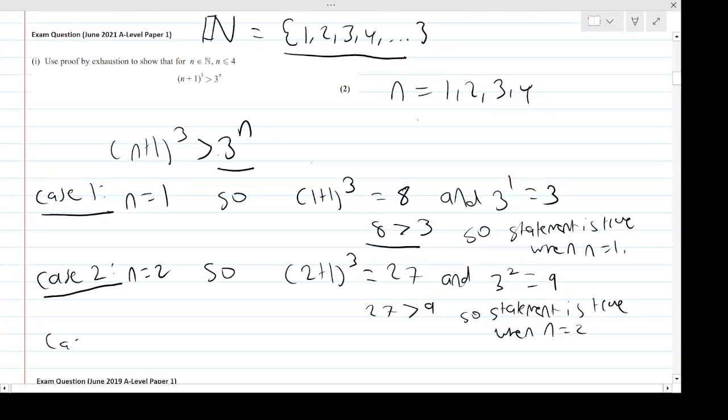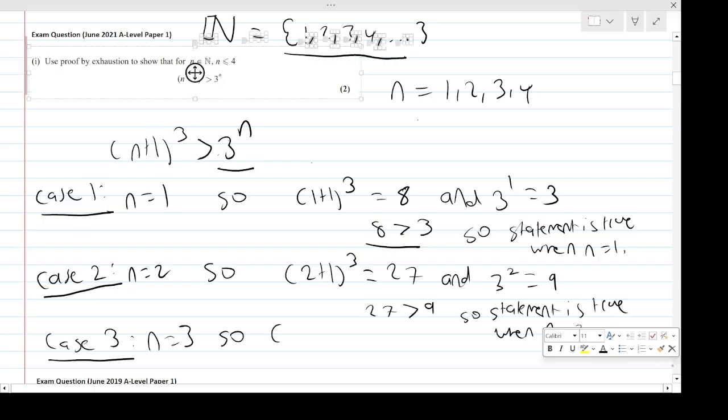Third case: n could be 3, the other value n could be. So (n+1) cubed is now 3 plus 1 cubed, which is 4 cubed, which is 64.